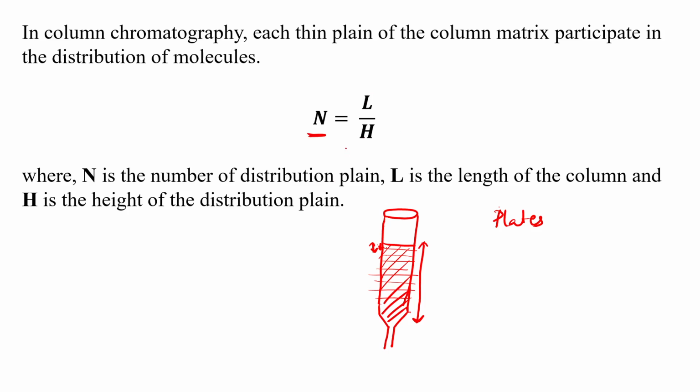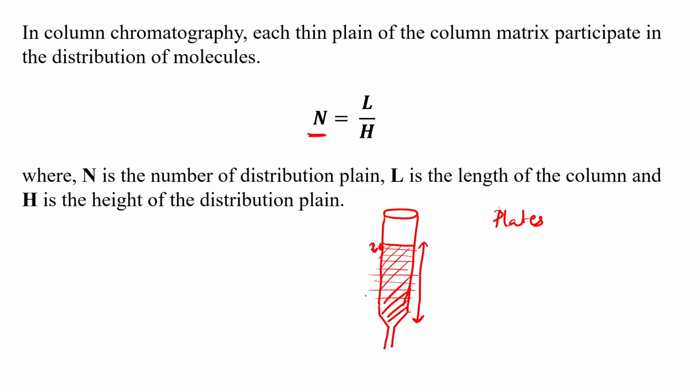Why this is important, I'll tell you. If I have a mixture and I want to separate two analytes from it, the more the number of distribution planes, the better resolution I will get. How?